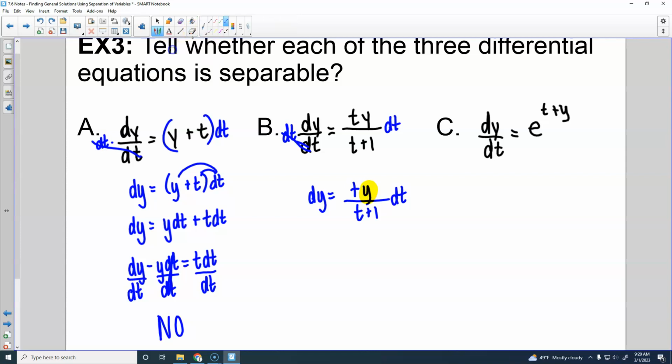If I divide by y right here, these two things are multiplied, so these would cancel. I could divide by y over here as well. And so that would give me dy over y, or you could think of it as 1 over y, dy equals t over t plus 1 dt. All the y's are on one side, all the t's are on the other. Both dy and dt are still in the numerator position. They're not in the denominator, so this one is a yes. Those are separable.